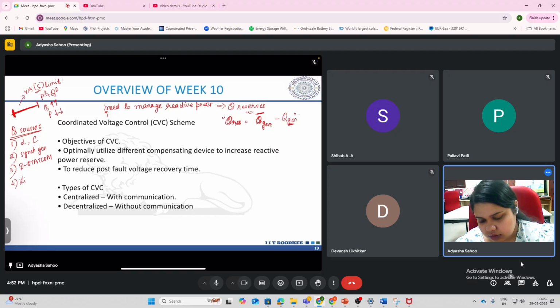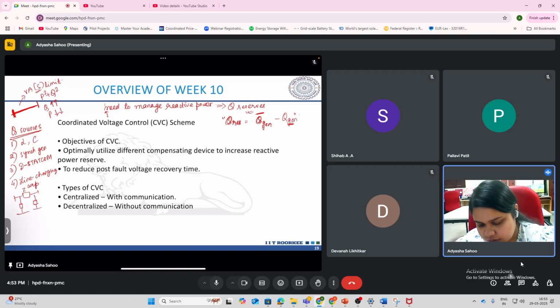Line charging capacitance, basically the transmission line. If you remember the modeling of medium length or long length transmission line, in the medium length we have the pi section model for the transmission line.